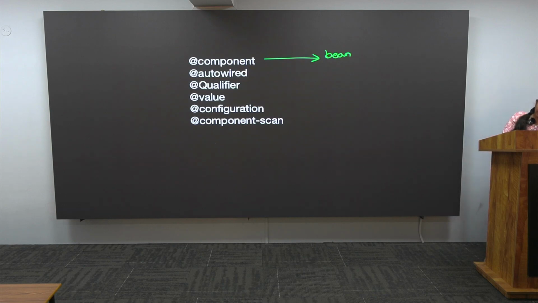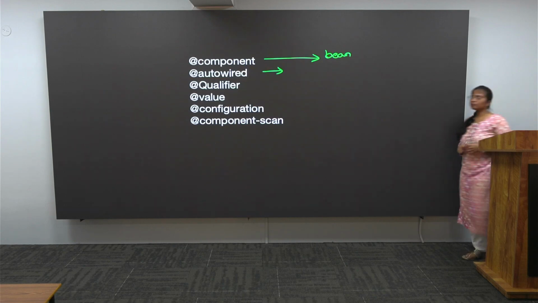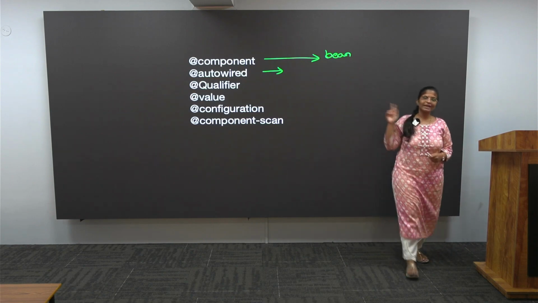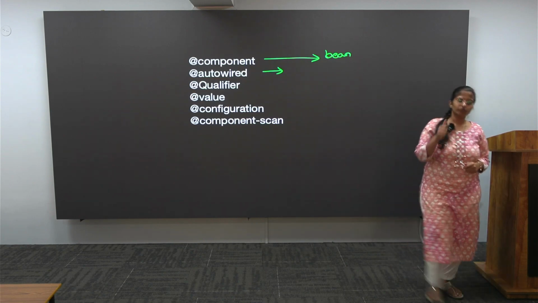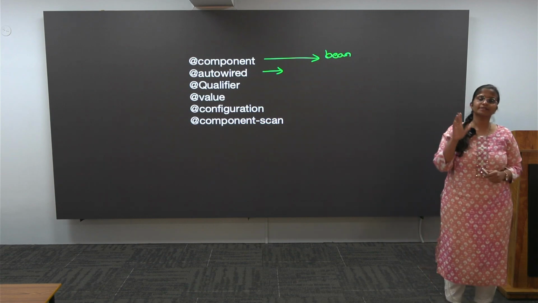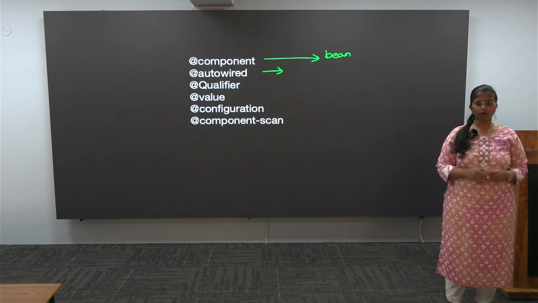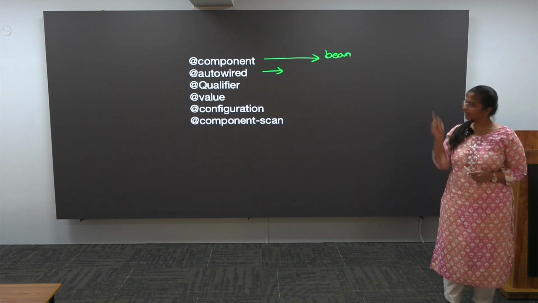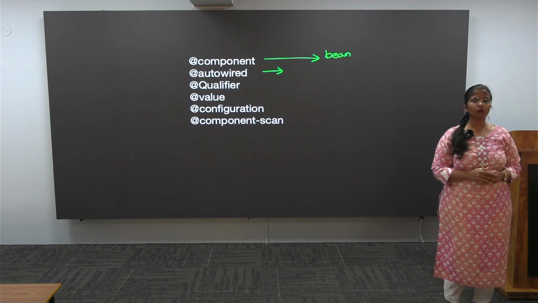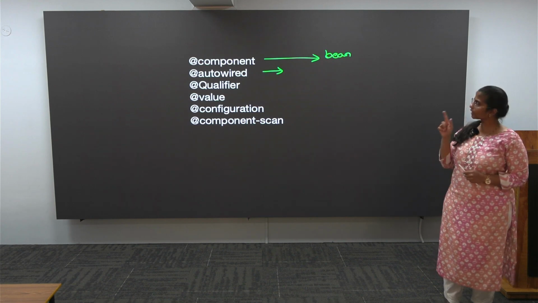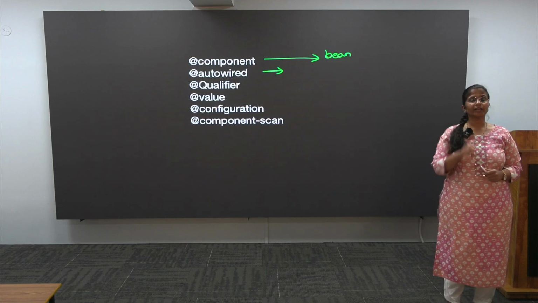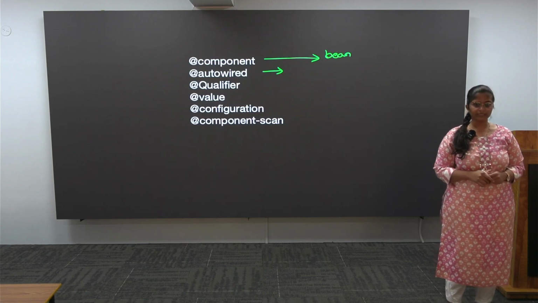Next, @Autowired. Where do you write this? You can write @Autowired for a constructor or for setters. If you are doing constructor injection, then you make use of @Autowired on the constructor. If you are making use of setter injection, then you make use of @Autowired on the setters. I hope it is clear for everybody.